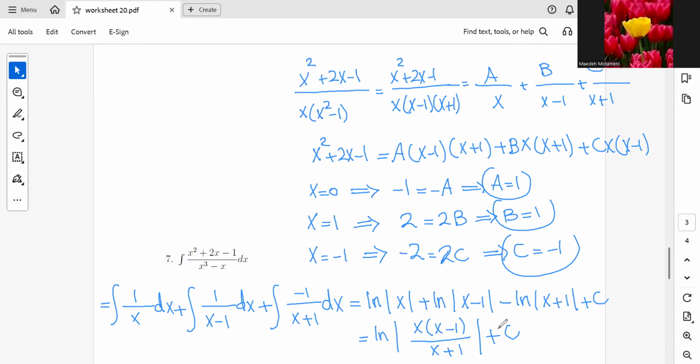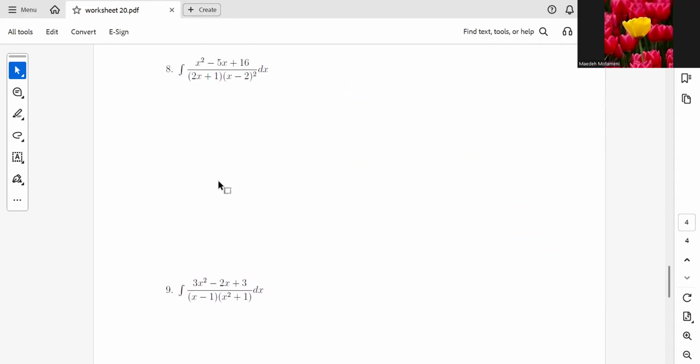Okay, let's do number 8. Number 8, the degree of the top is 2 and the denominator is already factored out.